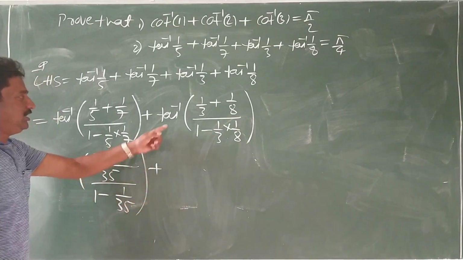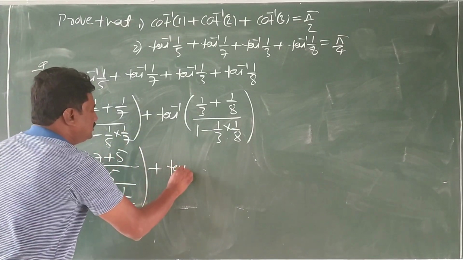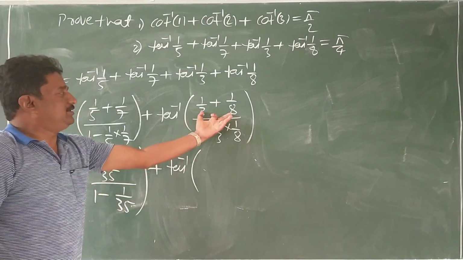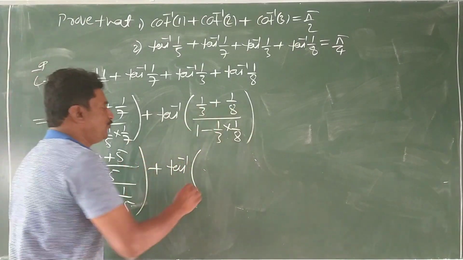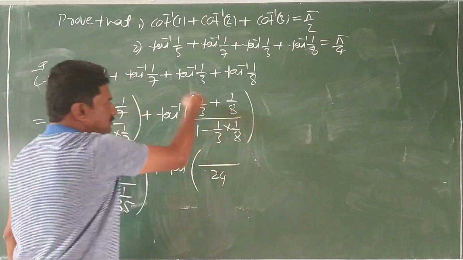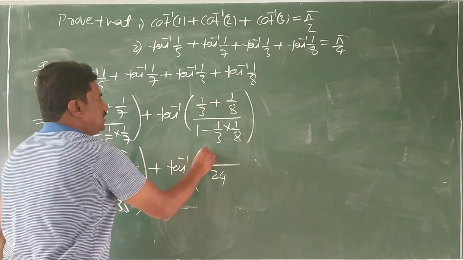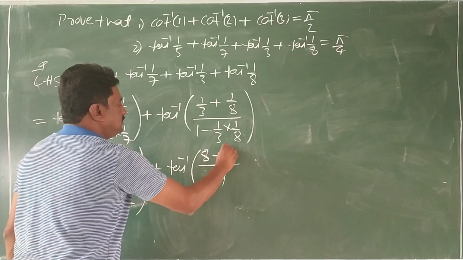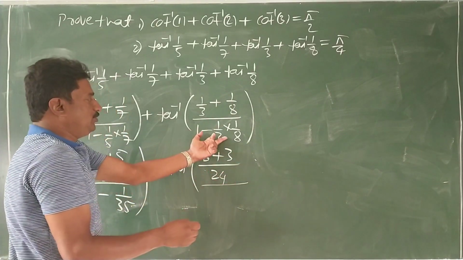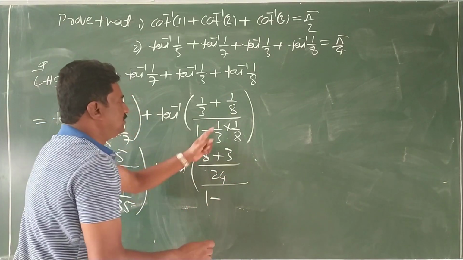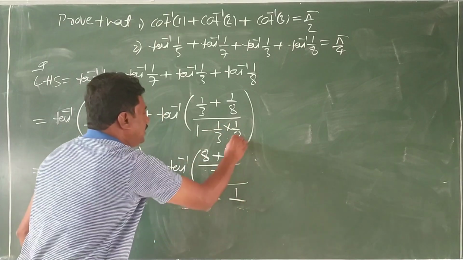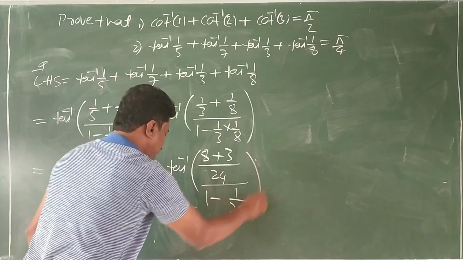Come to the second term, students. Tan inverse. What is the LCM of these two? 8 3s are 24. Cross multiply: 8 1s are 8 plus 3 1s are 3. Come to the denominator: 1 minus 1 1s are 1. 8 3s are 24.